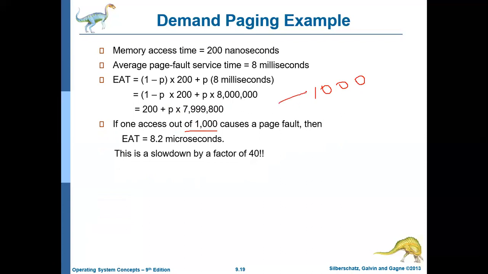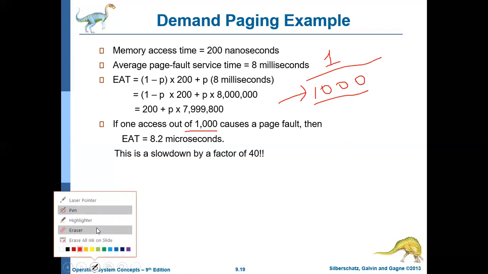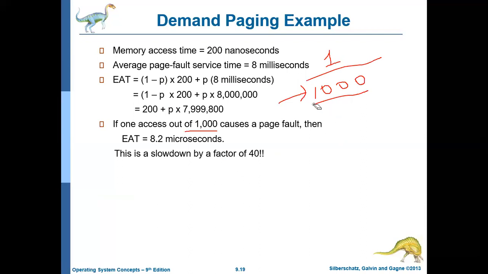Then the page fault rate is 1 by 1000, which is nothing but 0.001. So it means that the p value is 0.001.